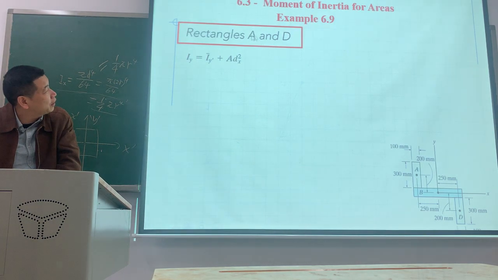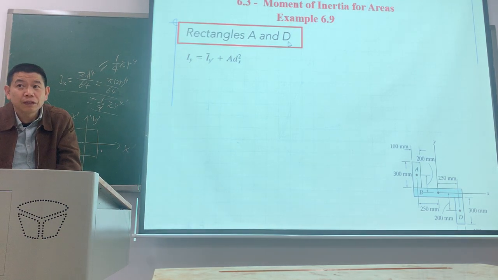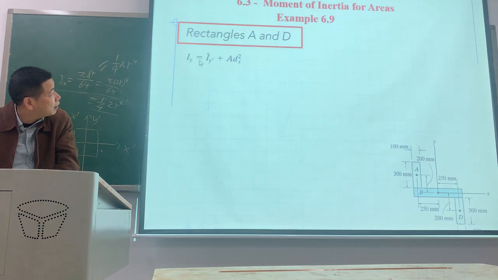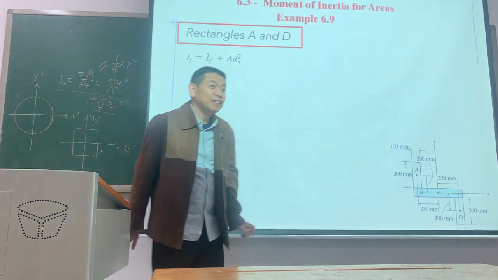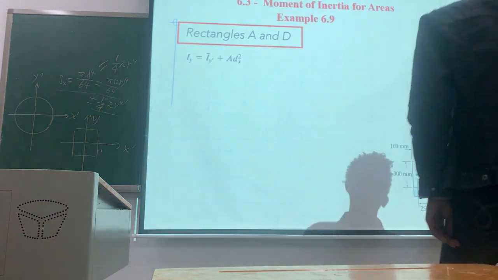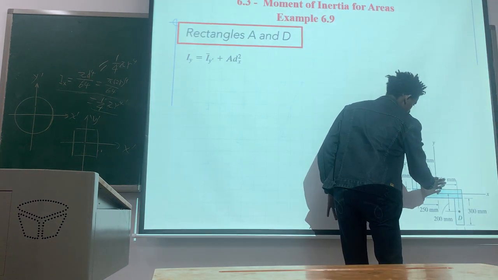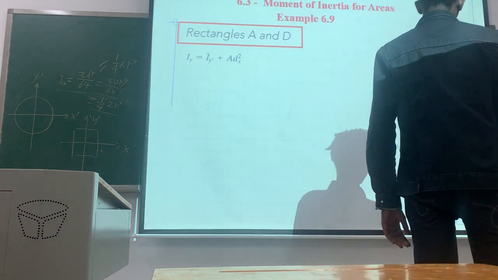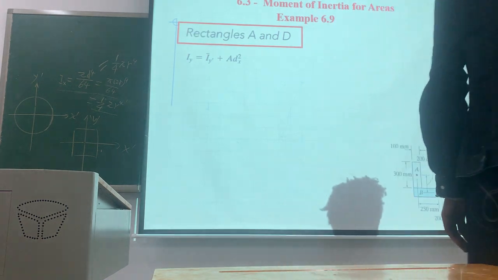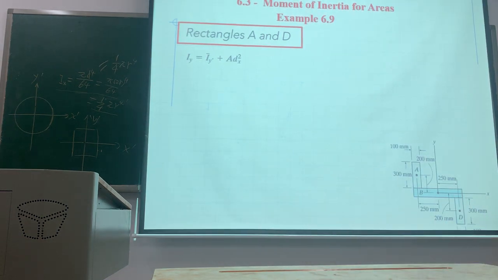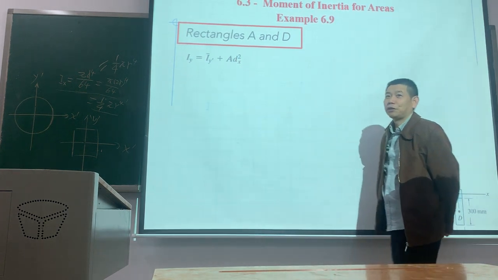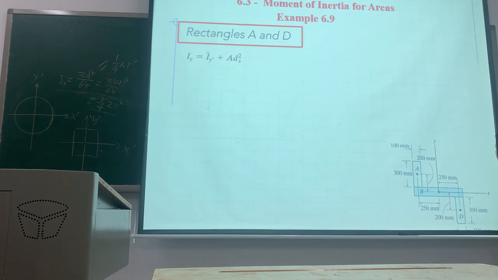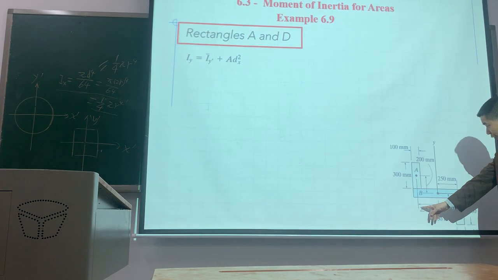For rectangles A and D, it is L1 prime plus A dx squared. How much is dx star? It is 250.